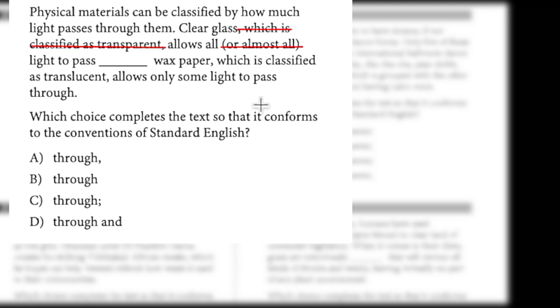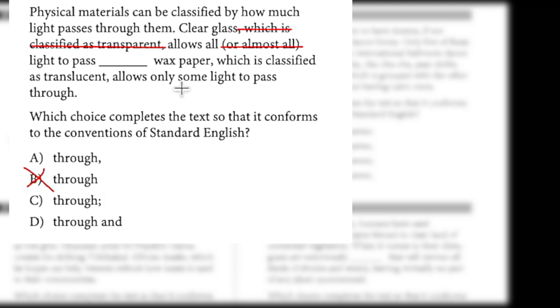Oh my goodness. Okay. Something weird is happening here. The way that I just read it, it doesn't work, right? Because I was reading it like there's no punctuation, so I'm going to know immediately that B doesn't work. Let's go through the answers and see what's going on here.